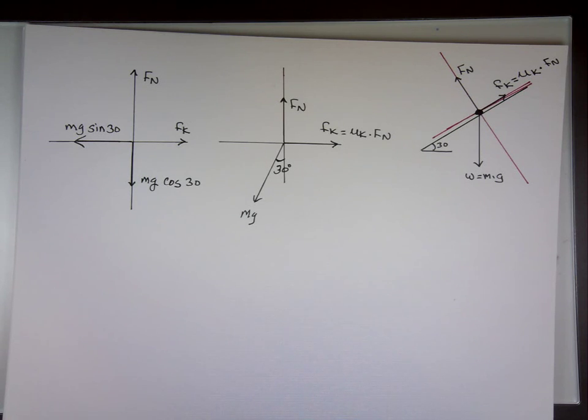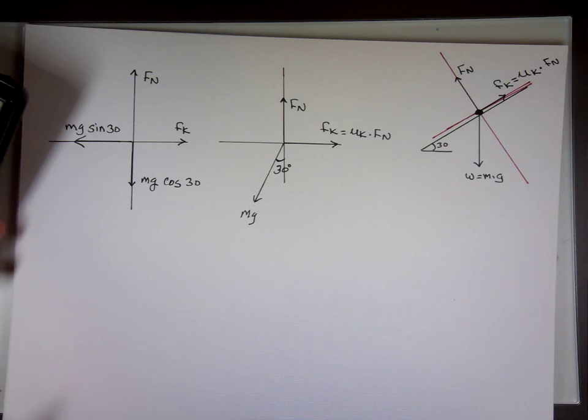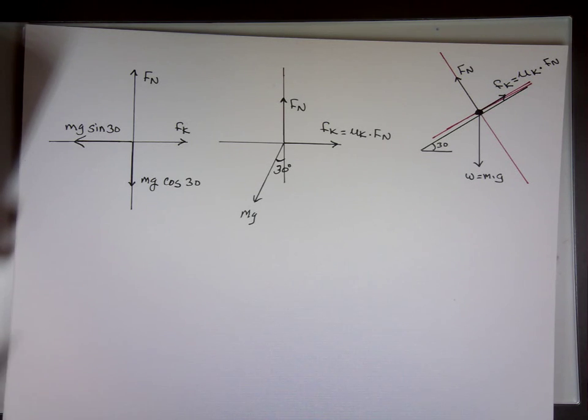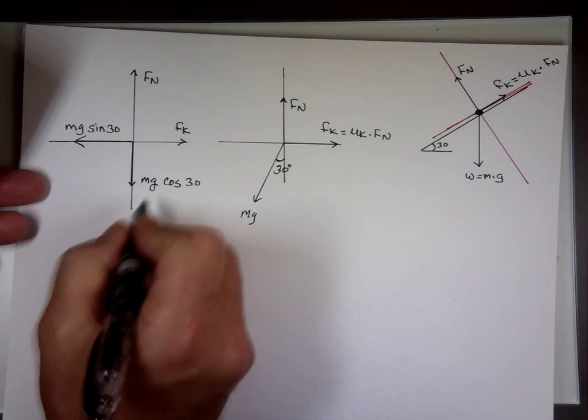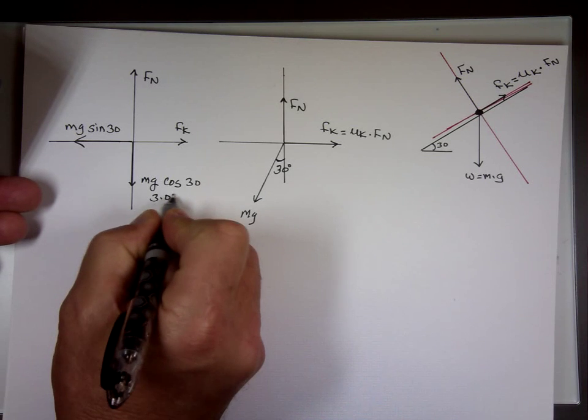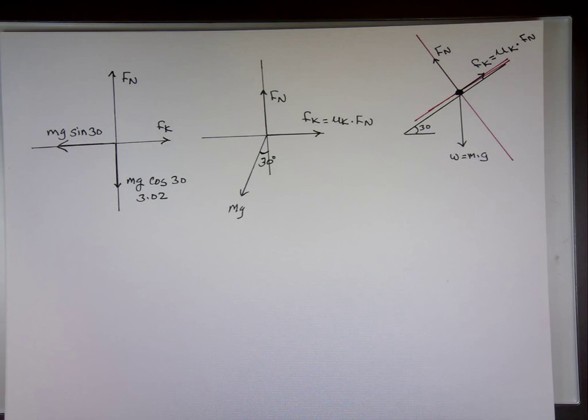Now, test 2. We know the mass. The mass is 2. Gravity is 9.8 times cosine 30 degrees. Oh, you know what?